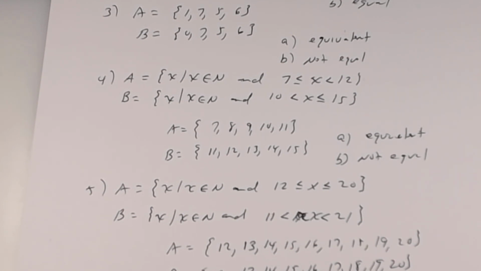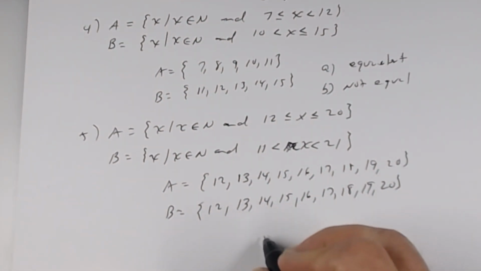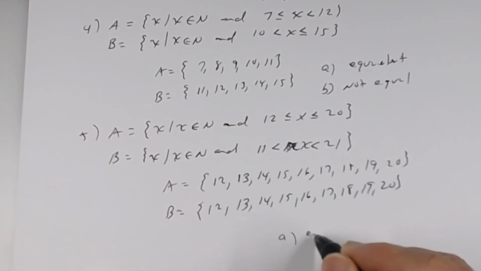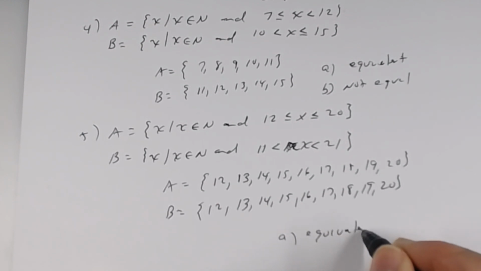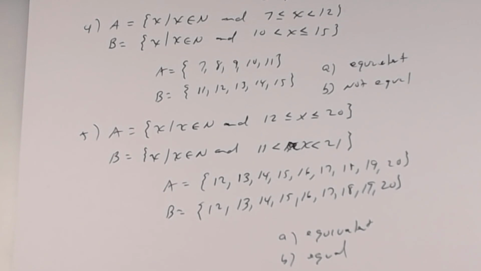Remember, equivalent has to do with cardinal numbers. What's the cardinal number of set A? 9. What's the cardinal number of set B? 9. All right. So they're both equal in what? Equivalent. So for part A, you would say equivalent, and for part B, you would say equal. Okay.